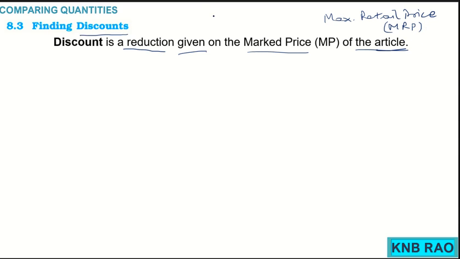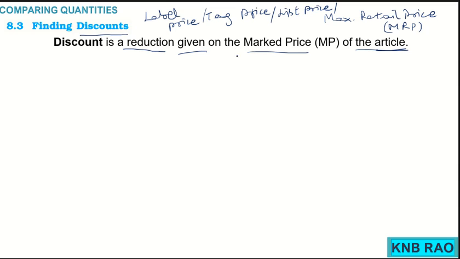It is also called tag price, or it is also called list price. It is also called label price. So, these are the other names for marked price, normally which are printed over the article.